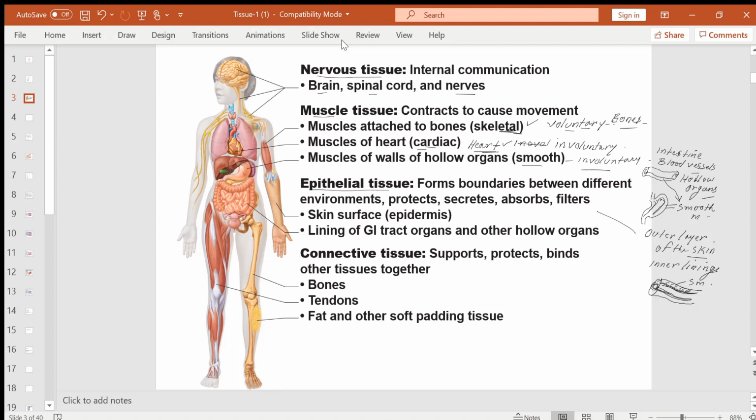Then connective tissue. The most widely distributed tissue in the body is the connective tissue. Many organs or structures of your body are formed by the connective tissue. Bones are connective tissue, tendons, ligaments, right? Joint capsules, cartilages, okay?